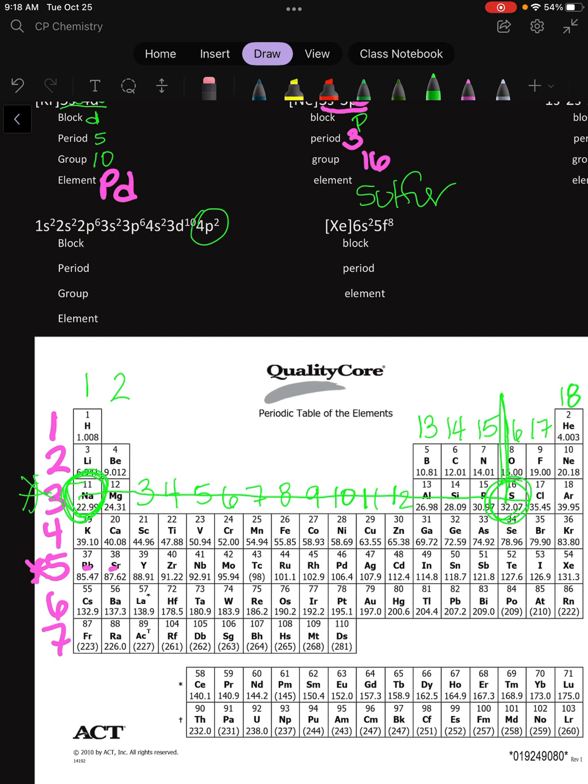And this is the entire electron configuration, but we are in block P, period 4, because remember the coefficient for P is the period number. And then we are the second column in P, so that's going to be group 14. So group 14, period 4. So we find period 4 and we work our way to group 14, which is Ge. Germanium.